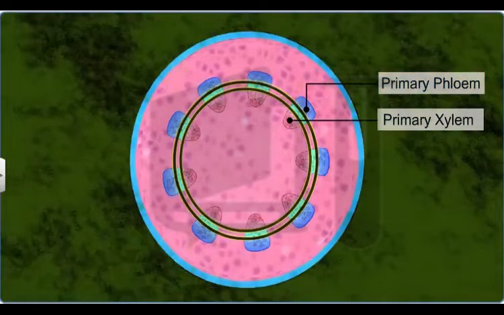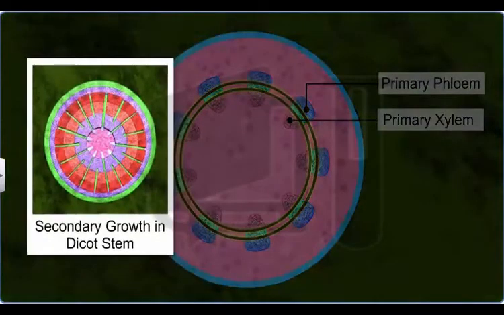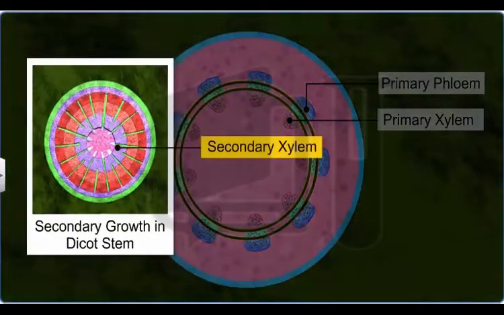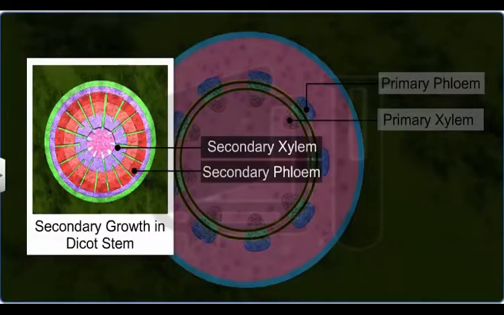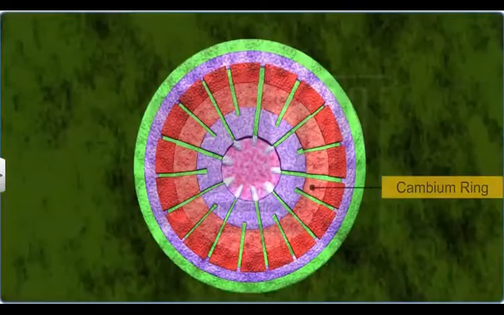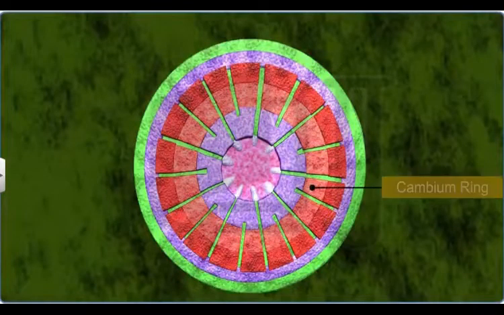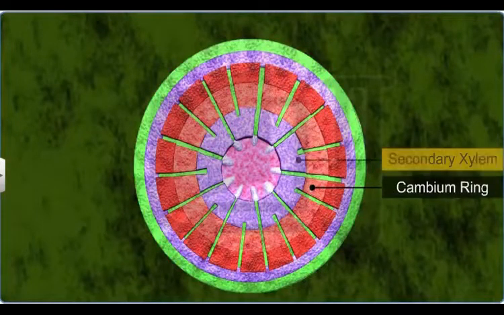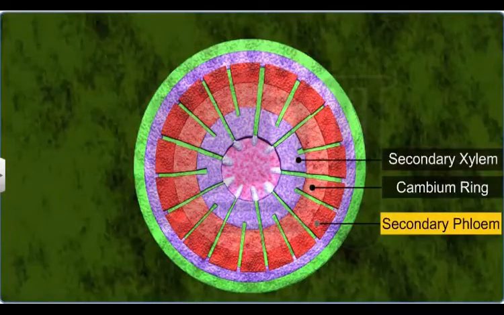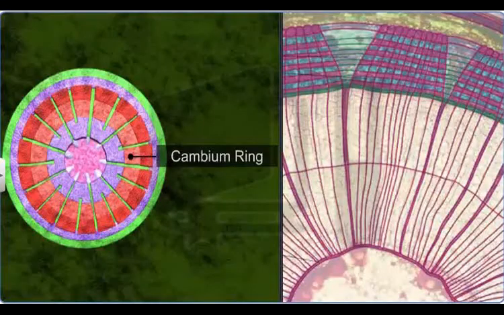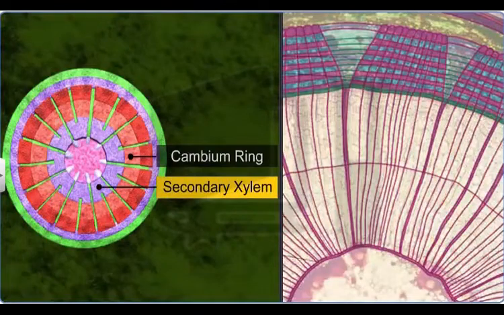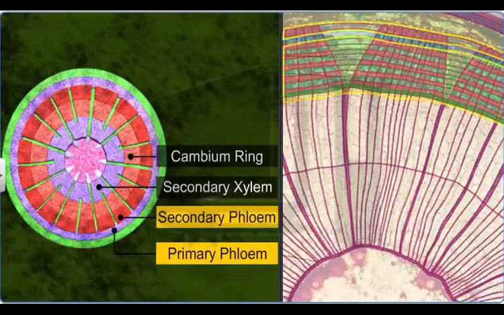Cell division takes place on both the sides of the cambial ring and results in the formation of secondary xylem on the inner surface and secondary phloem on the outer surface. Since the cambium is more active on the inner side, the formation of secondary xylem is more than secondary phloem. Due to the continued formation of secondary xylem, primary and secondary phloem get crushed.